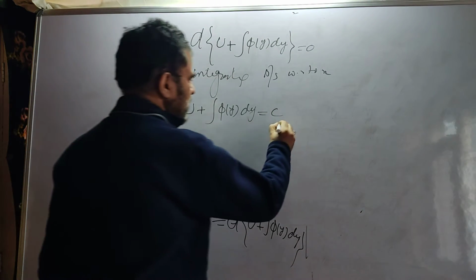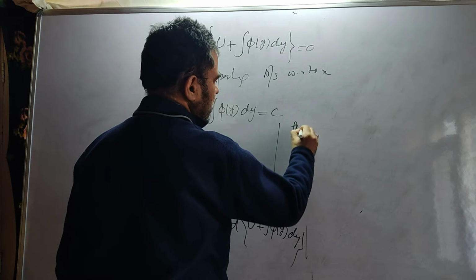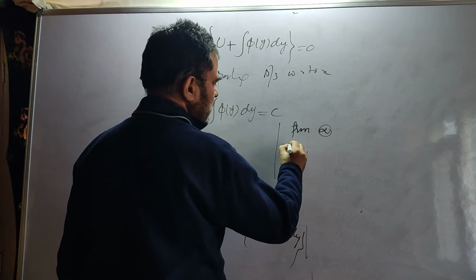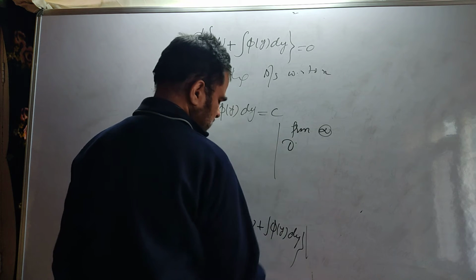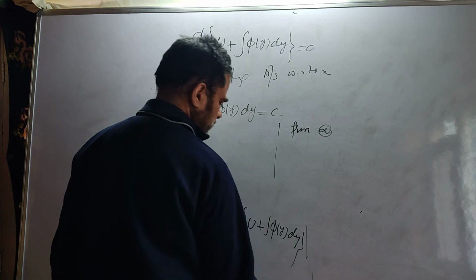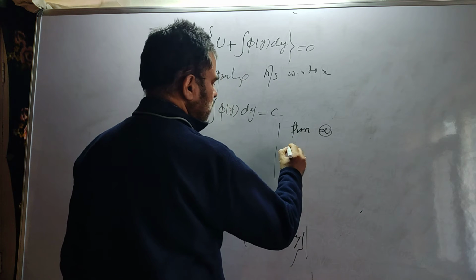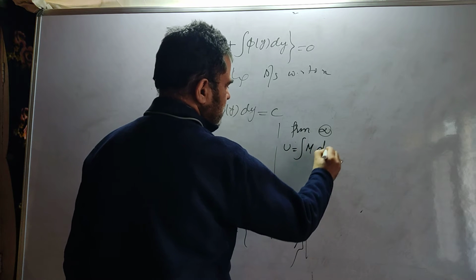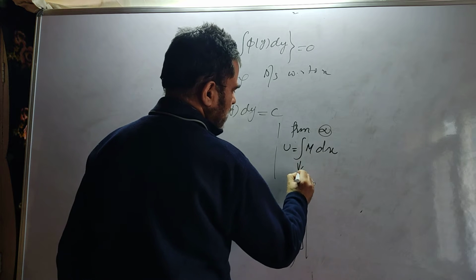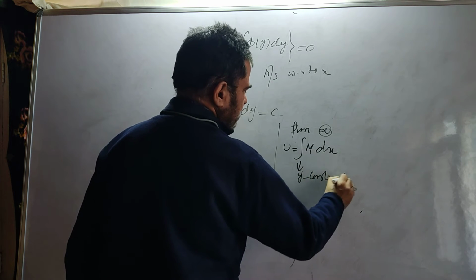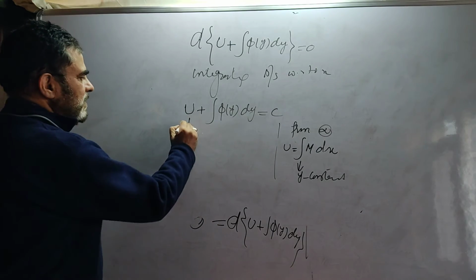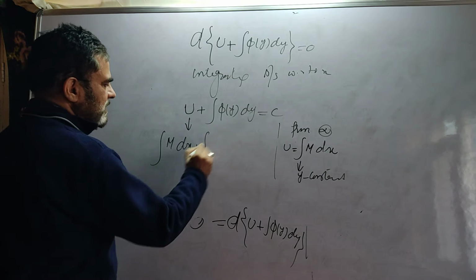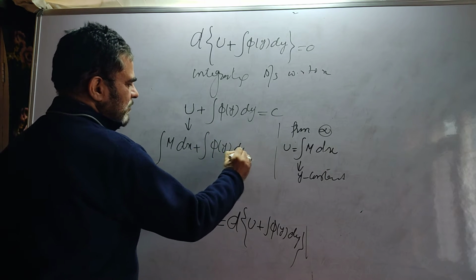But what was your u? From alpha, u was the integral of M dx, with y constant. Replace this: the integral of M dx plus the integral of phi of y dy equals c.